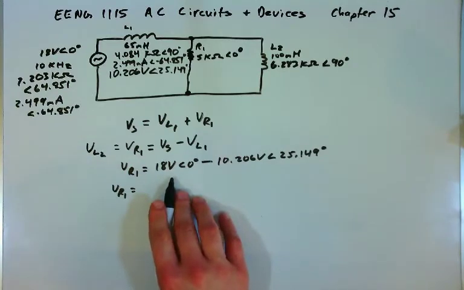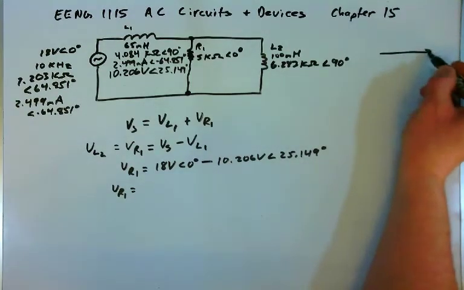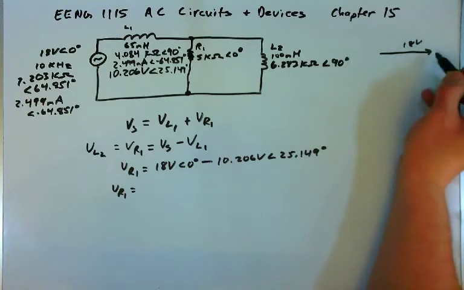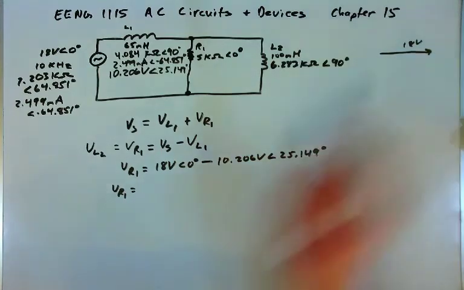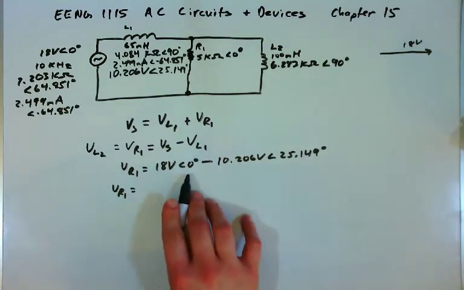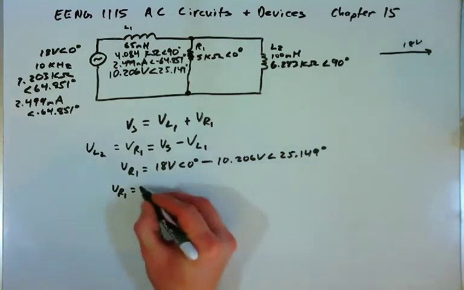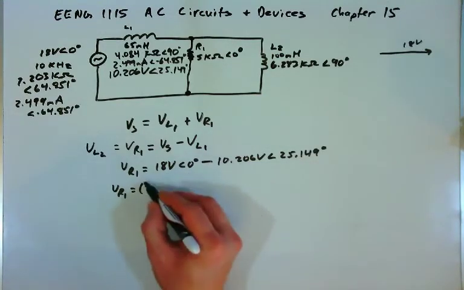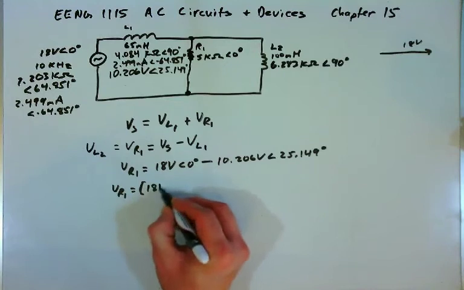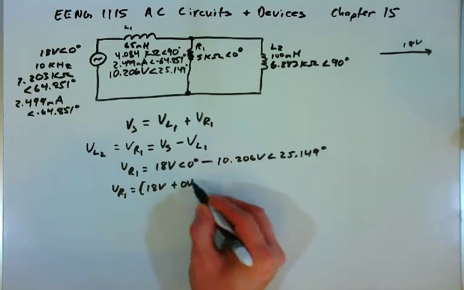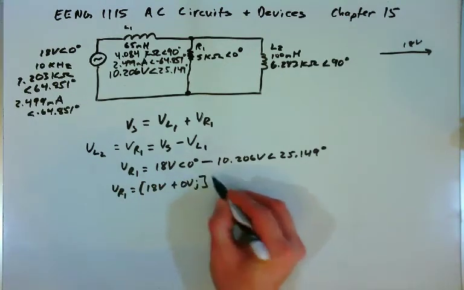The source voltage is easy because it's at 0 degrees. We have 18 volts at 0 degrees. All of that is the x, none of it is the y. If you use cosine and sine of 0 degrees, you'll see that. And so the rectangular form of the source voltage is 18 volts plus 0 volts J.